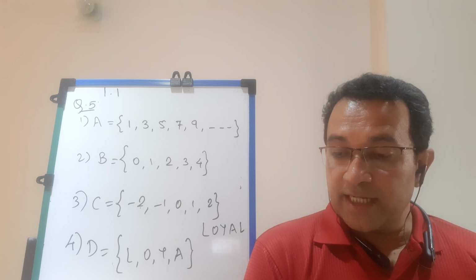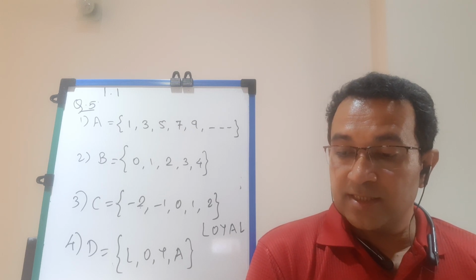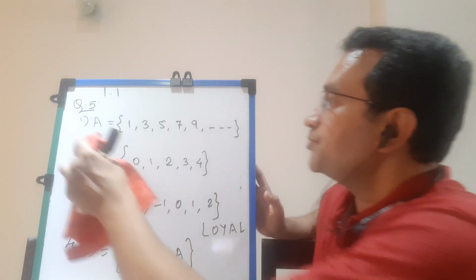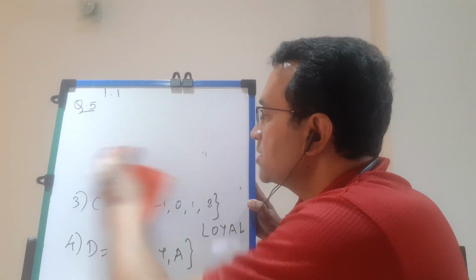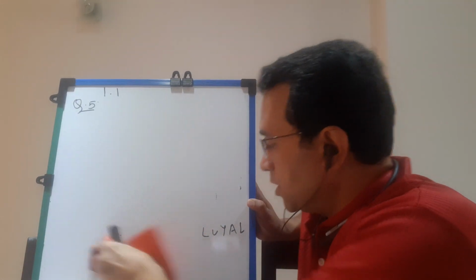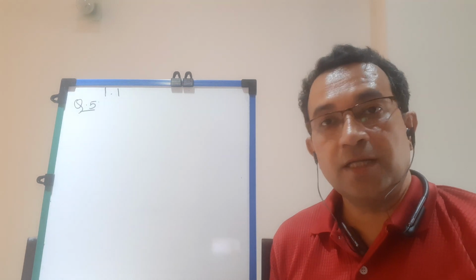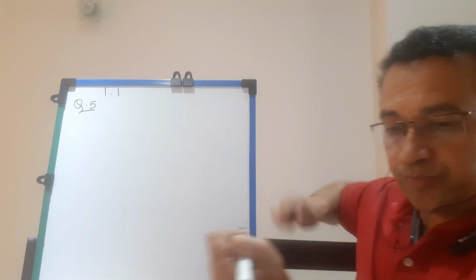Then students, set E. E is equal to the set of x such that x is a month of the year not having 31 days. Now we have to list out the months which do not have 31 days, students. You can easily count. January has 31 days, then February.